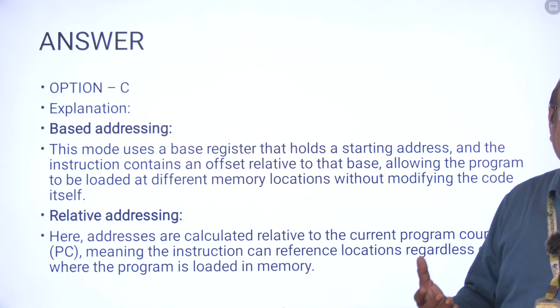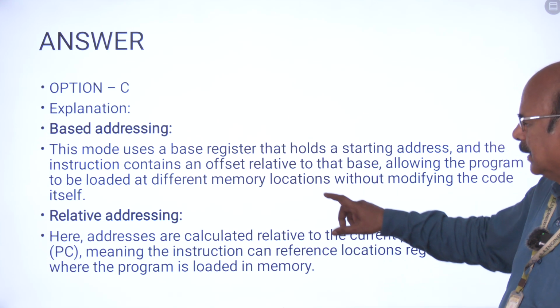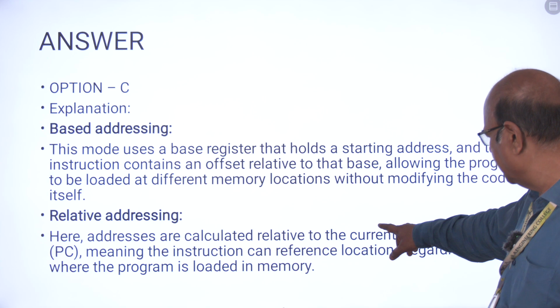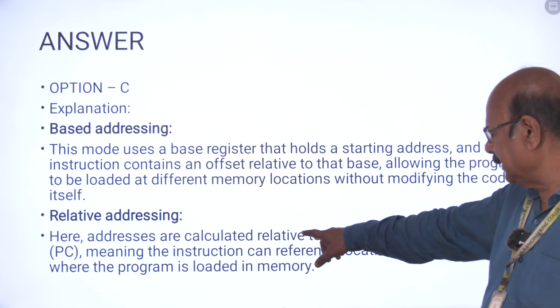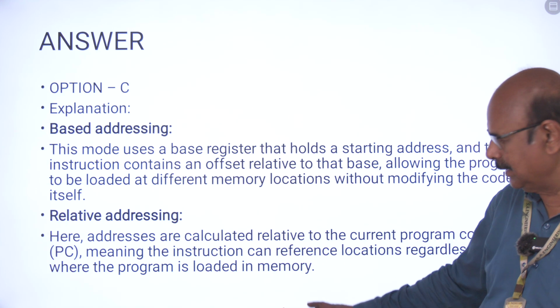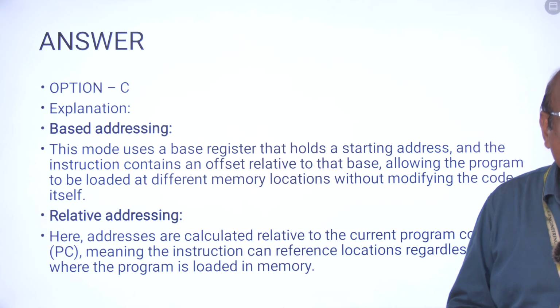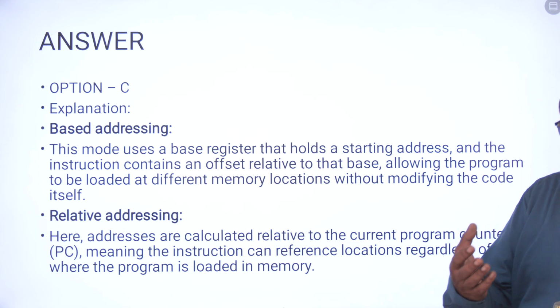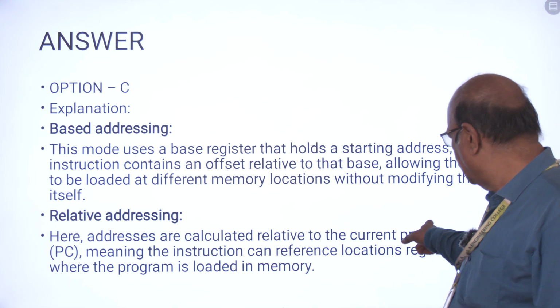Next one is relative addressing. Here addresses are calculated relative to the current program counter, meaning the instruction can reference locations regardless of where the program is loaded in the memory.